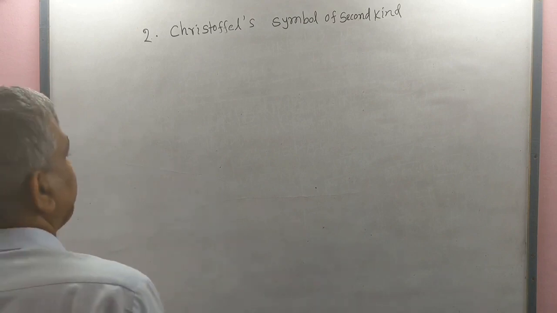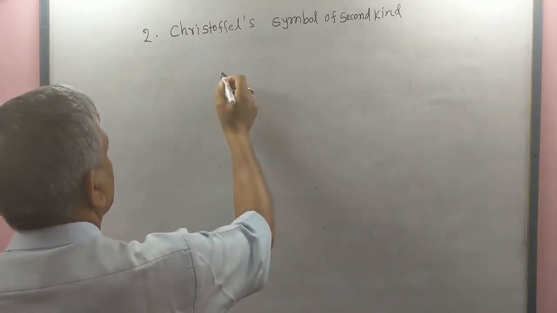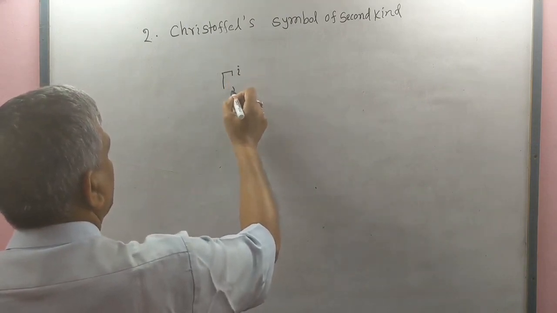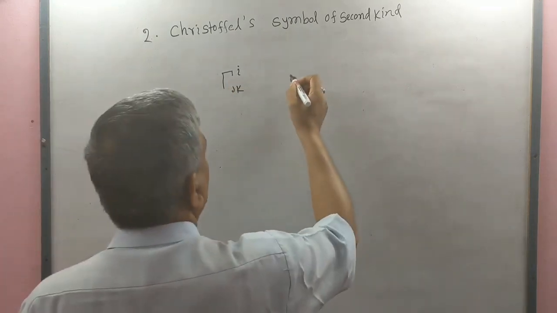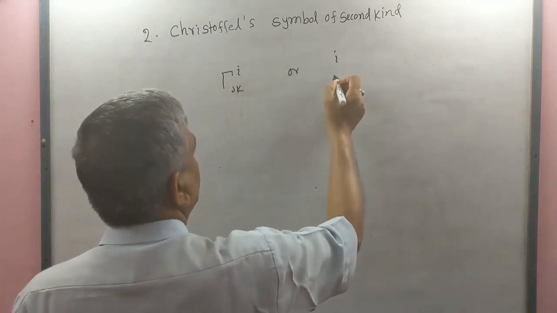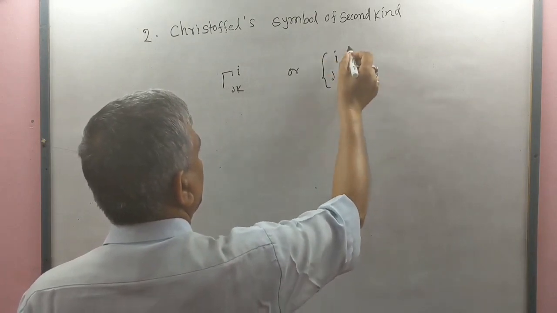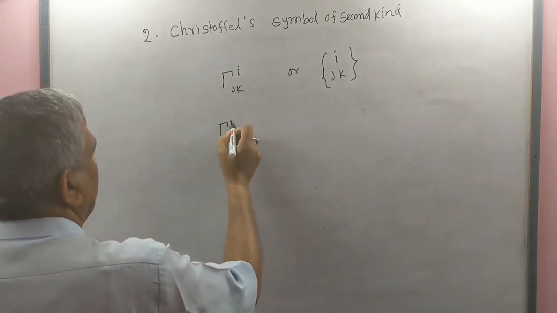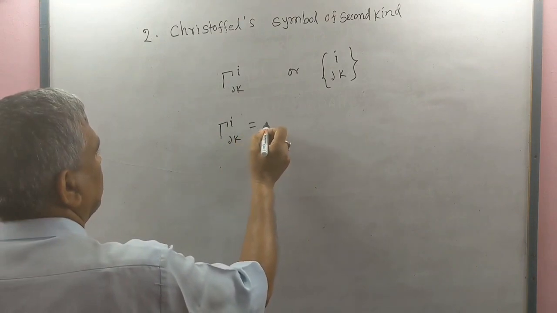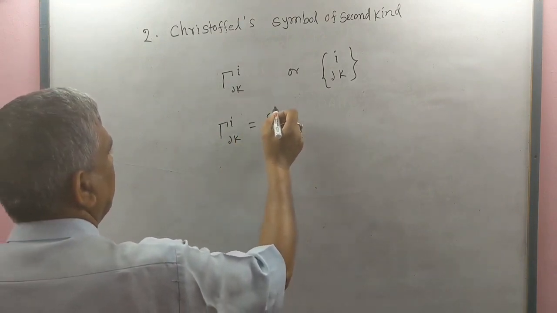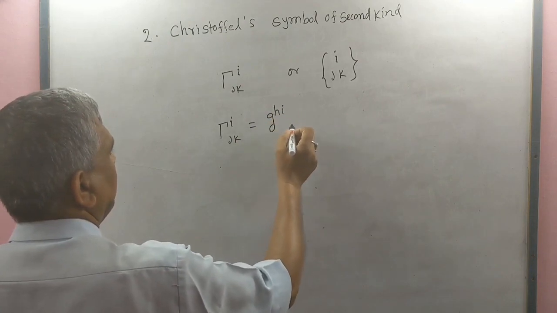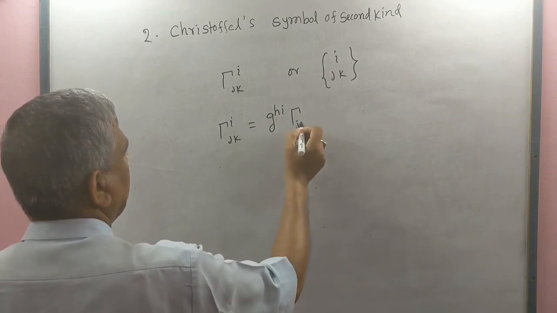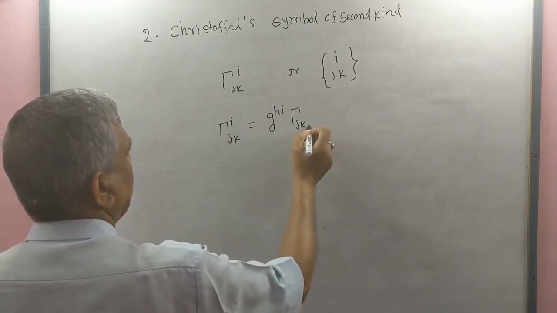The Christoffel symbol of second kind is denoted by the symbol {i over jk} or gamma^i_jk, and defined as {i over jk} equal to g^hi times the Christoffel symbol of first kind [jk, h].